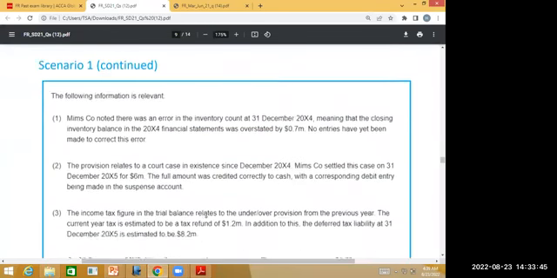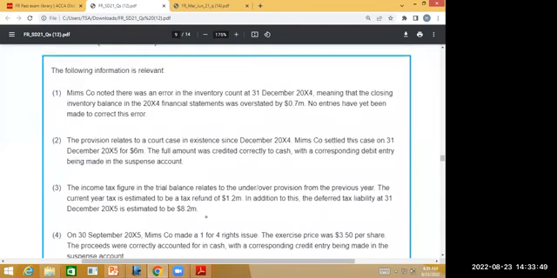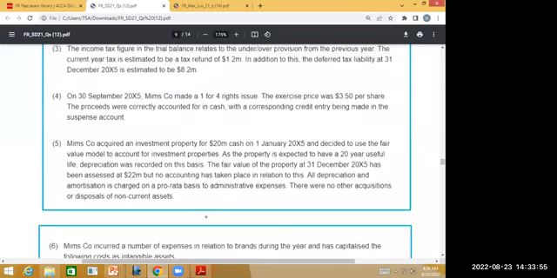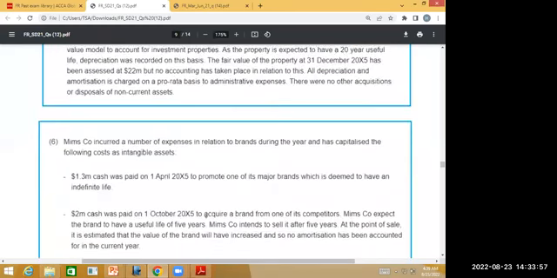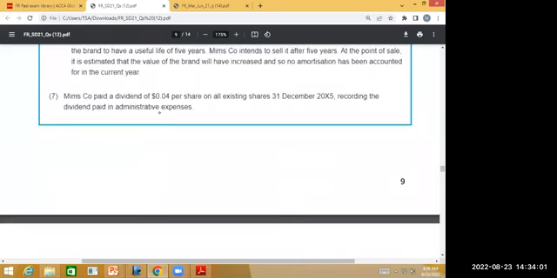So we have done note number 1, note number 2, note number 3, note number 4, note number 5, note 6. Okay, note number 7. MEMS company paid a dividend of 0.04 per share and recorded the dividend paid as an administration expense.